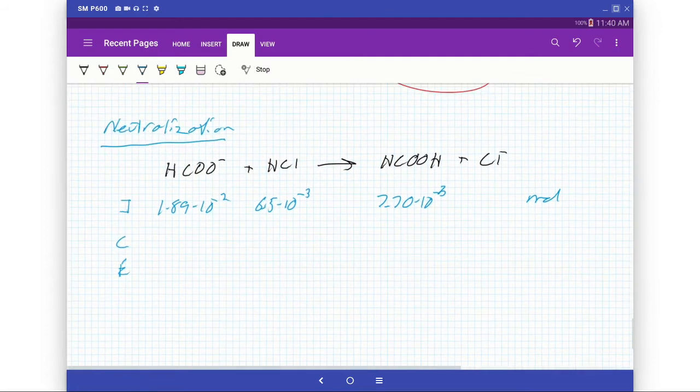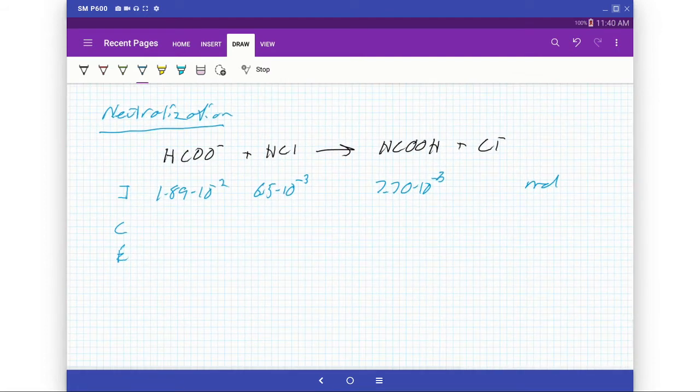This is the benefit of moles in the ice table: the number of moles is never going to change. The concentration will change, but the number of moles will not. Since this reaction goes to completion, we have to figure out what the limiting reagent is, and just by inspection, it's fairly obvious that it is the hydrochloric acid. It's a smaller number, and stoichiometry is the same.